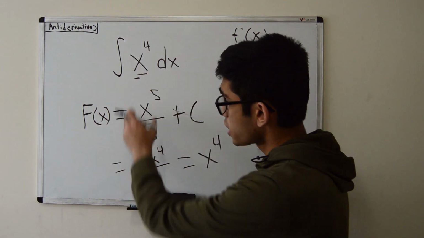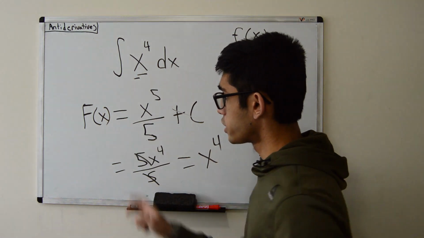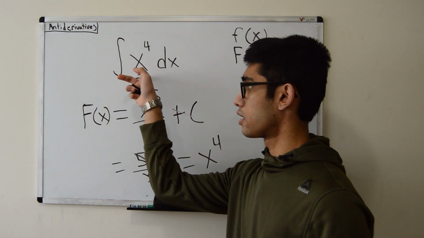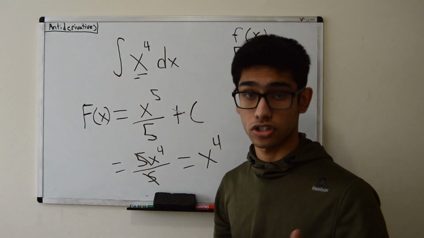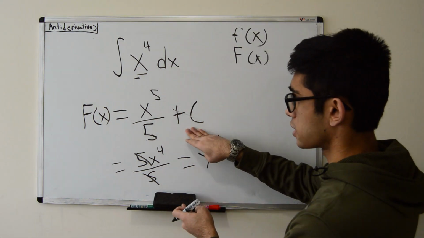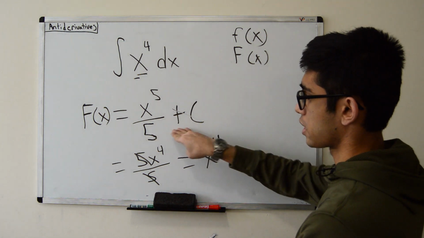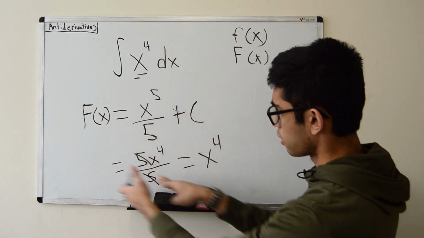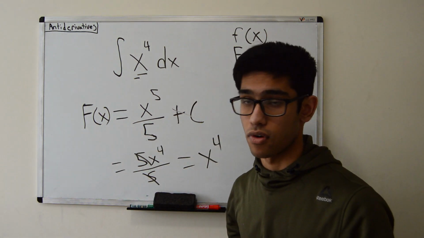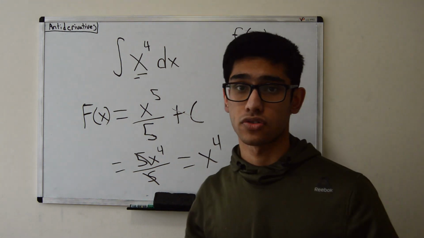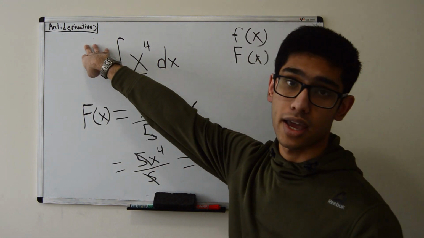So whenever you take an integral, you can differentiate it to get the function that you had in the beginning, just to check your work. We found the integral of x to the 4, which was x to the 5 over 5 plus c, and if I differentiate that, I get exactly x to the 4. That's really what I wanted to stress in this video, taking anti-derivatives.